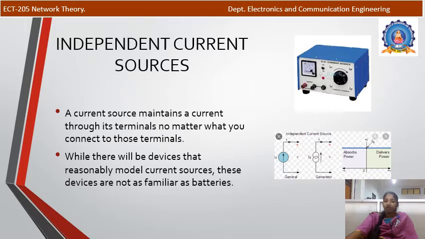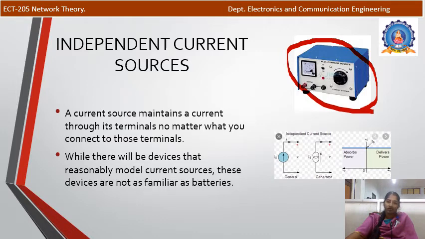While there are devices that reasonably model current sources, these devices are not as familiar as batteries. These current sources are used in our laboratory or in some practical applications. They are not used in daily life, but the independent voltage source such as a battery has become familiar to all of us, right?